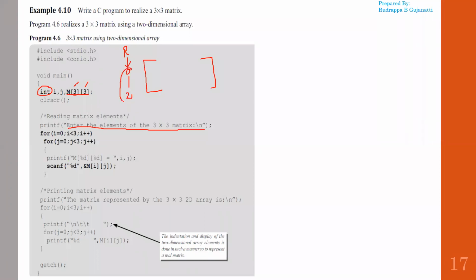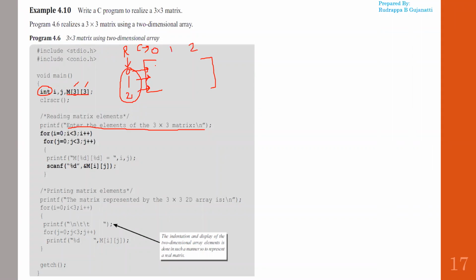This indicates that there are 3 rows. The first row index is 0, the second row index is 1, the third row index is 2. Similarly, the column is specified, in which the first column is identified by index 0, the second column by 1, and the third column by 2.